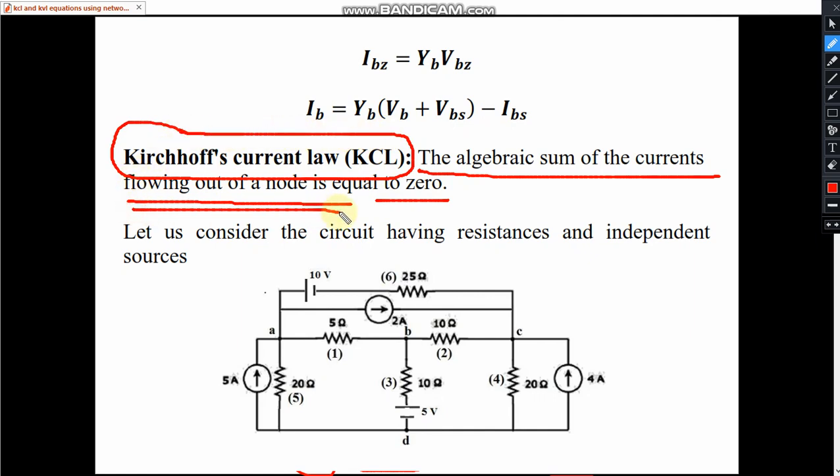Although some of the students were saying, why have we taken outgoing current as positive and incoming current as negative? Some of them have said, why should the sum of the incoming currents equal to the sum of the outgoing currents not be used? So various conventions are there.